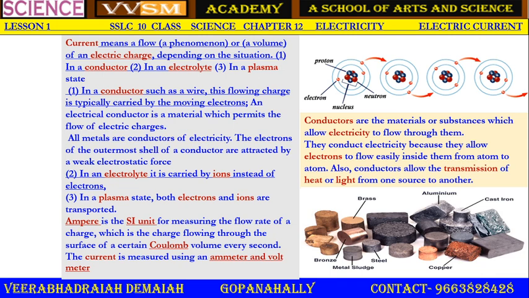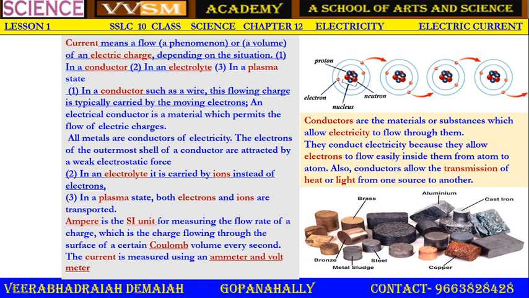Well, friends, the SI unit of current is the ampere. Remember, the standard international unit to measure the electric current is the ampere. Ampere is the SI unit for measuring the rate of flow of charges, which is the charge flowing through the surface of a certain volume every second.